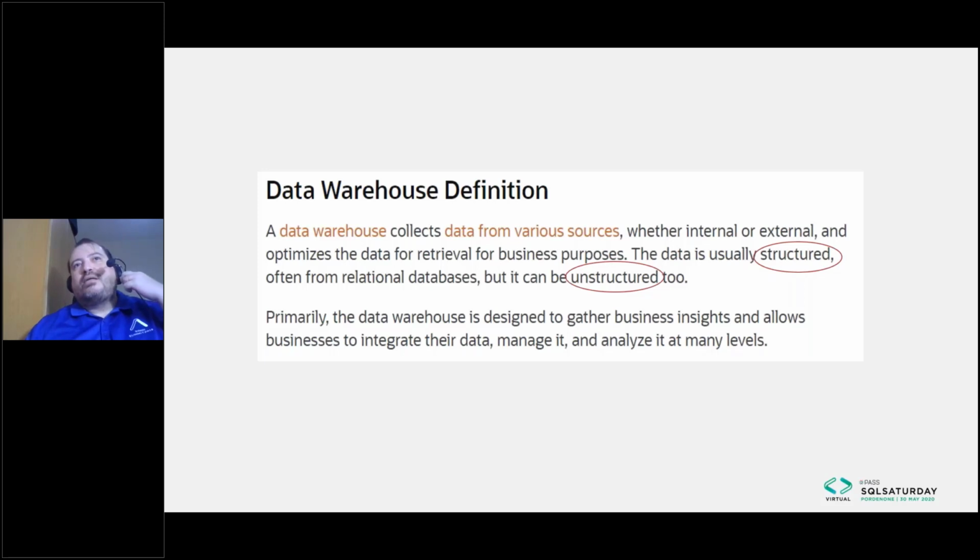The point is that we have been missing tools to work with unstructured data for so long that we got used to calling a data warehouse only the structured part.